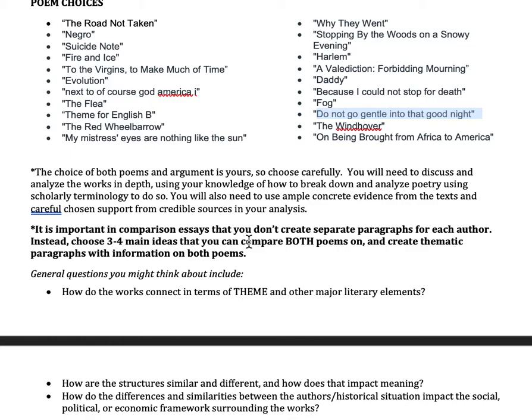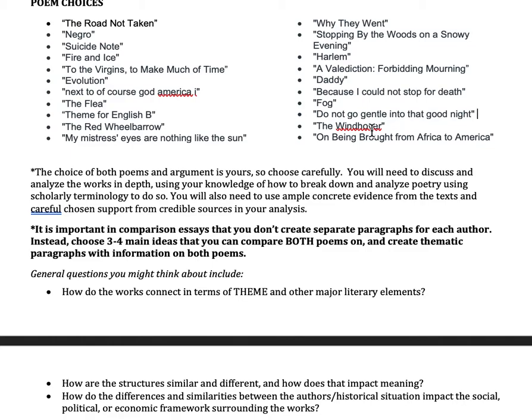And then a second main idea might be that the author's own experiences helped inform the subject matter. And then I would talk about how Dickinson was here, and how the other author had his own experiences in Do Not Go Gentle that informed the idea.